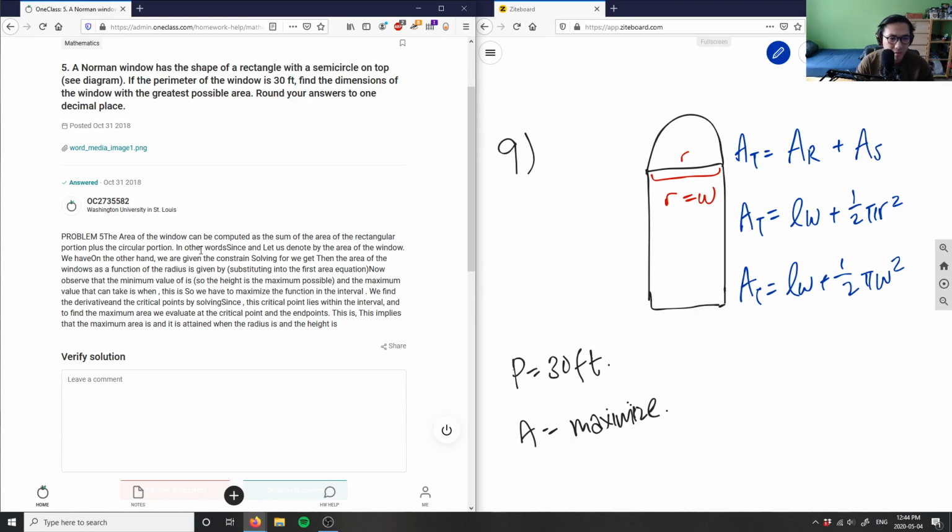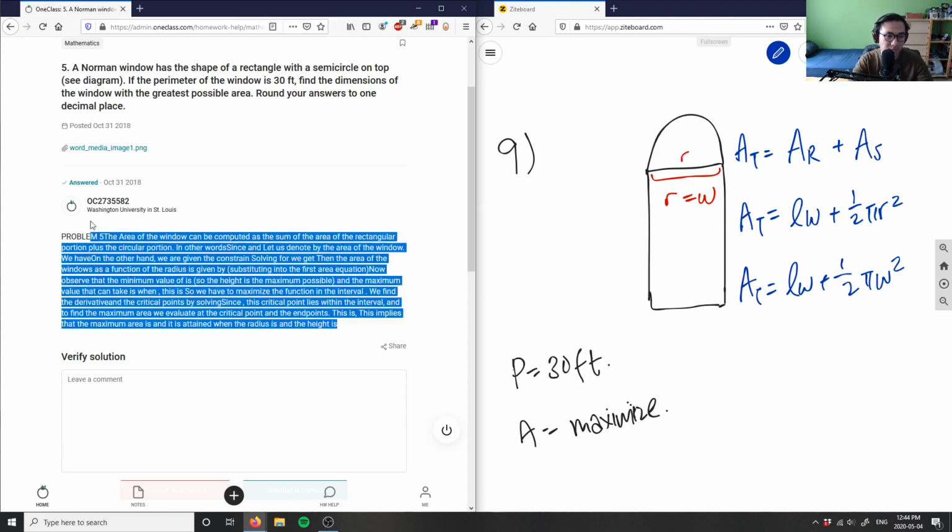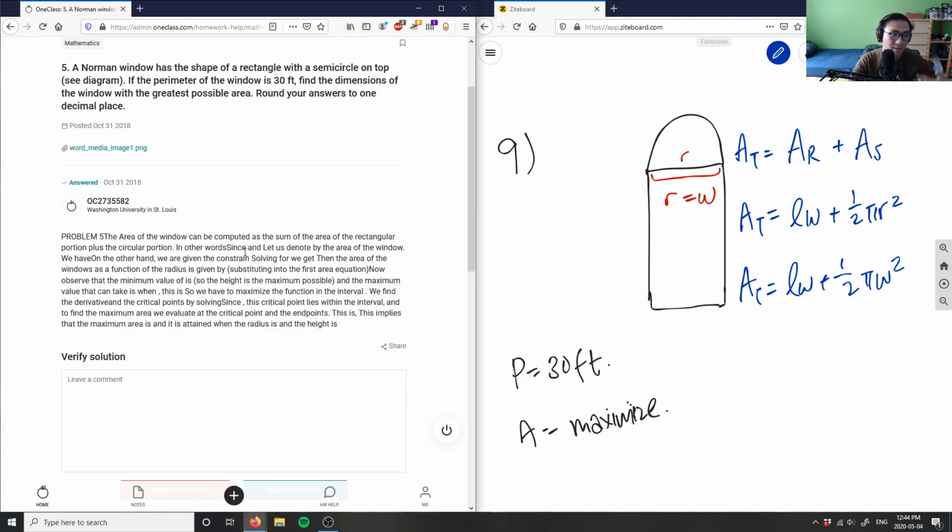We have to maximize the function in the interval. We find the derivative and the critical points. Since the critical point lies within the interval, to find the maximum area, we evaluate the critical point and the endpoints. This implies that the maximum area is obtained when the radius is something. So clearly, this is a copy and paste of something else, and not everything was copied and pasted. So unfortunately, we don't get the answer for this problem.